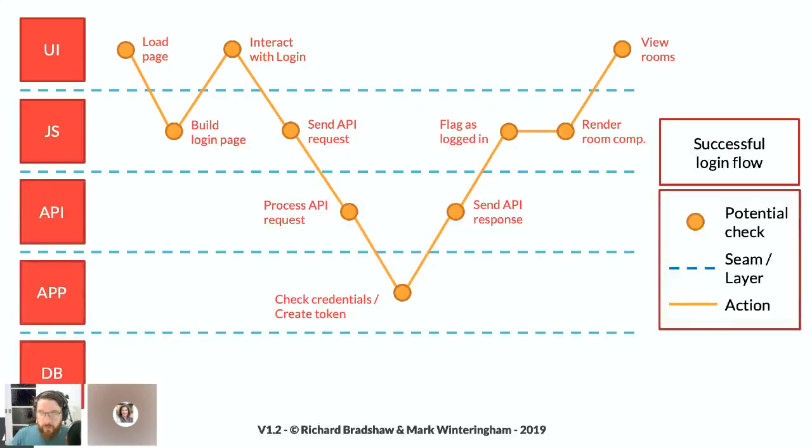So this is what I mentioned about the visual task analysis. If you break down a flow through an application and you realize that the thing you care about is at a certain seam and a certain layer, if you can test directly here and you can mock everything under here, in theory, I believe you have a unit test, because the tools allow you to do that.